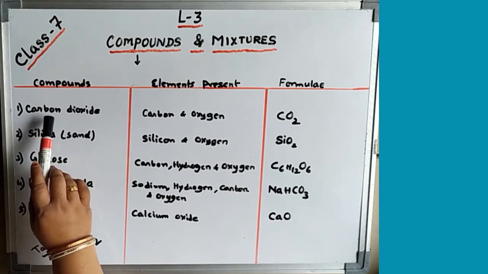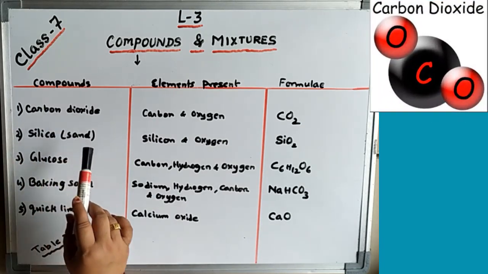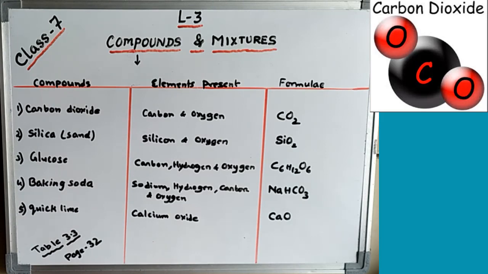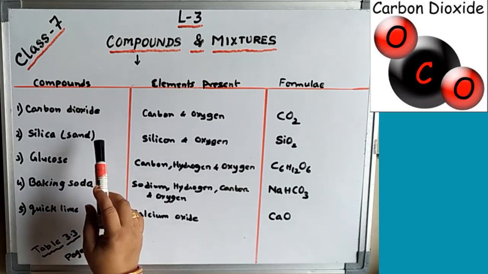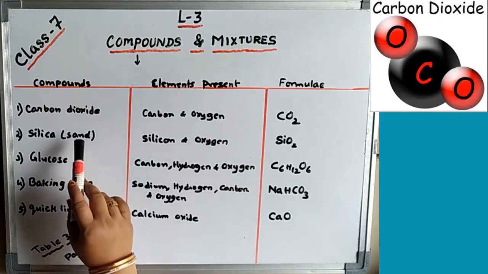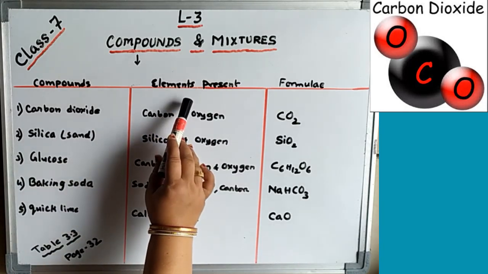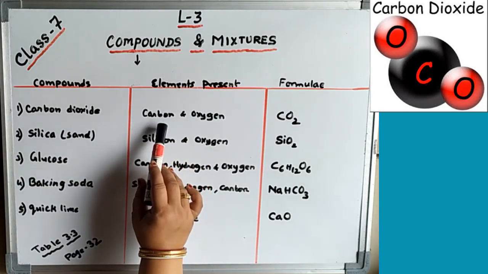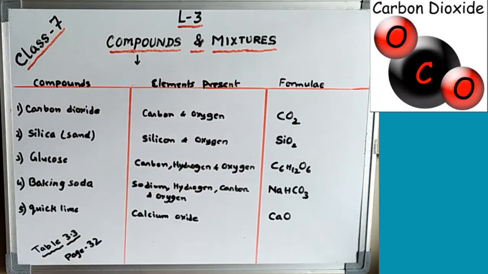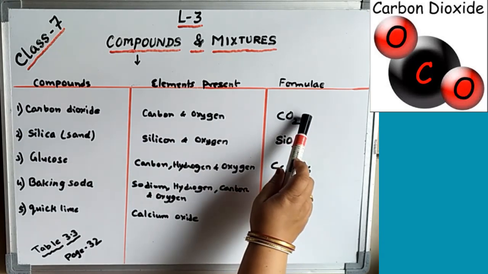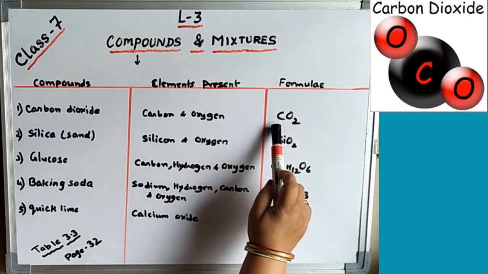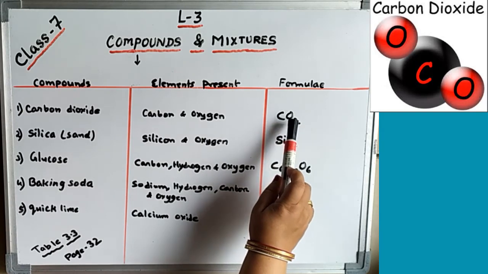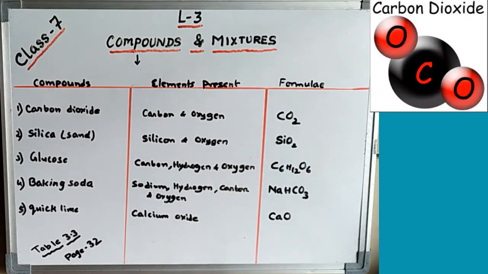First example, I have taken carbon dioxide. Carbon dioxide is a very well known gas, always present in our air, and we also exhale it from our nose. The elements present in carbon dioxide are carbon and oxygen. They combine in a fixed ratio here, CO2. The formula of carbon dioxide is CO2.